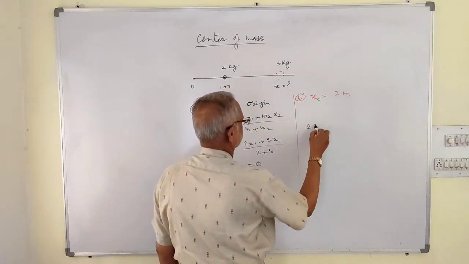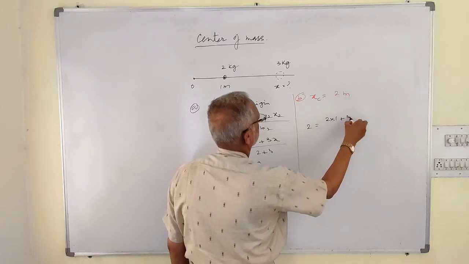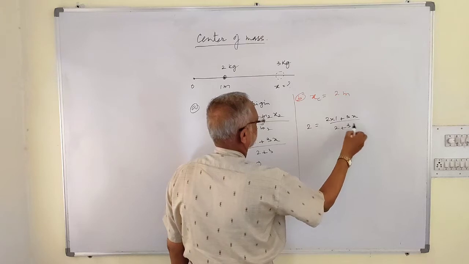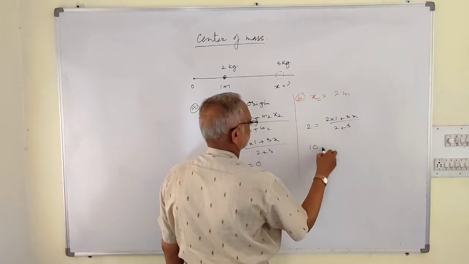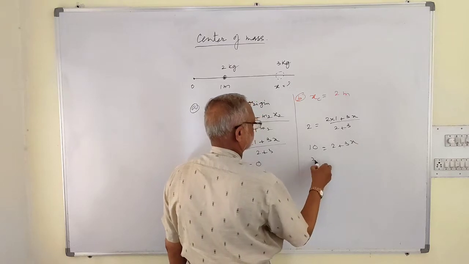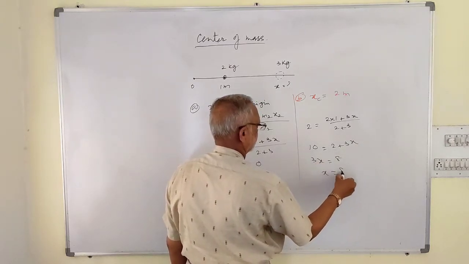We have got 2 is equal to 2 into 1 plus 3 into x divided by 2 plus 3. This is 5 into 2, that is 10. 10 is equal to 2 plus 3x. So 3x is equal to 8. x is equal to 8 by 3.